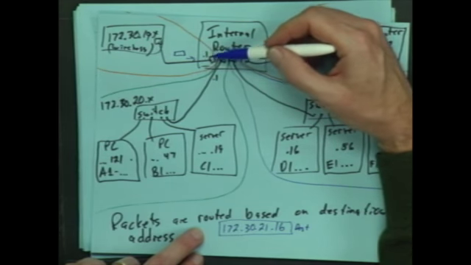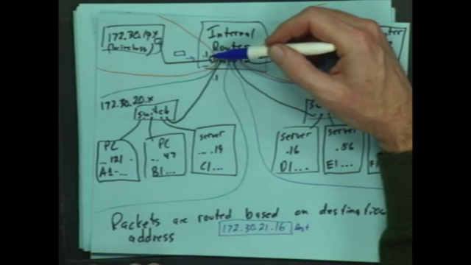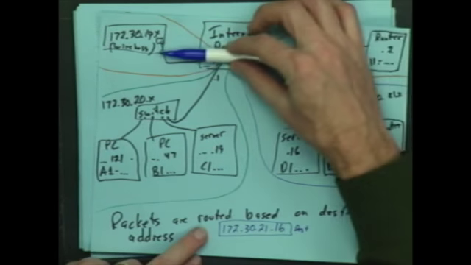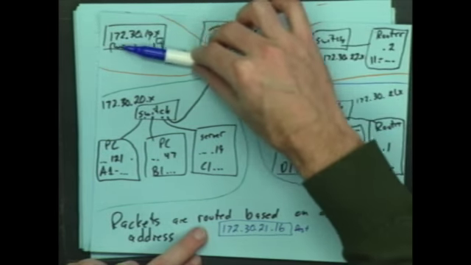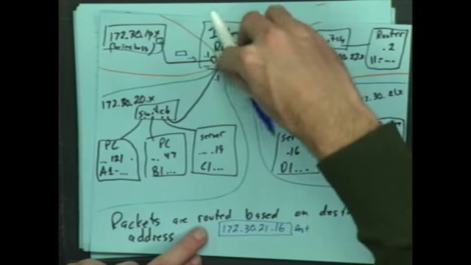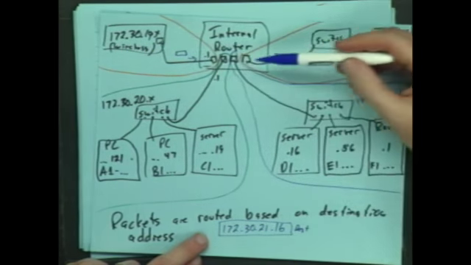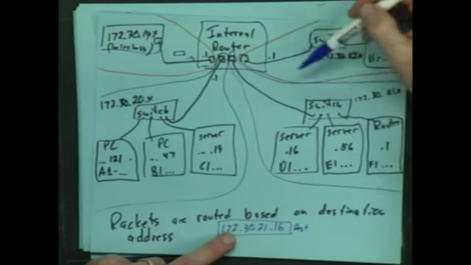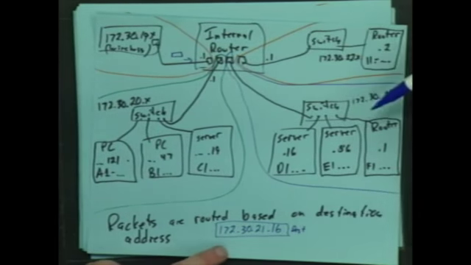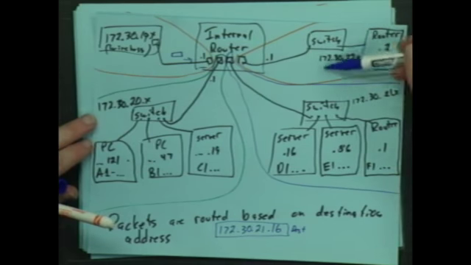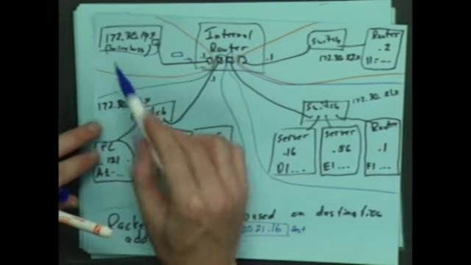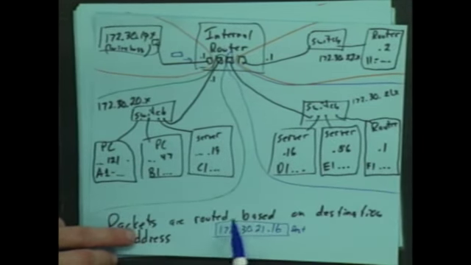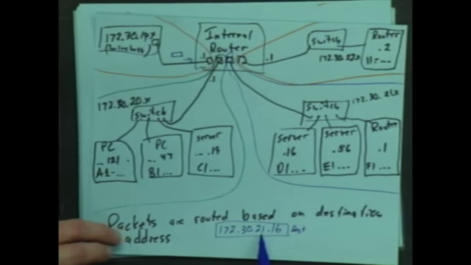Like, I went in and I said, your port number 1 is connected to this. This is the IP address it is. It now knows it's connected to this subnet, this subnet, this subnet, and this subnet. And so it's going to look at the destination address and say, okay, does that match any of these subnets? So it looks at these 3 parts and says, okay, 172.30.21, can I recognize that anywhere?